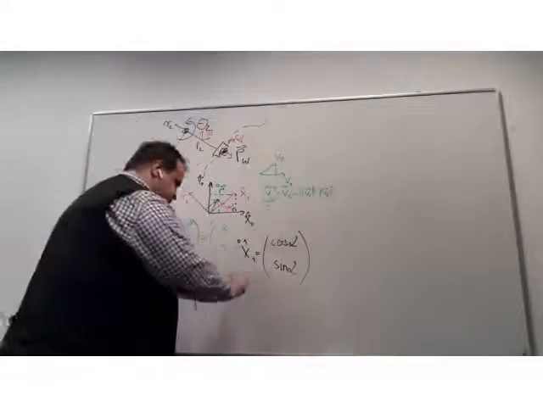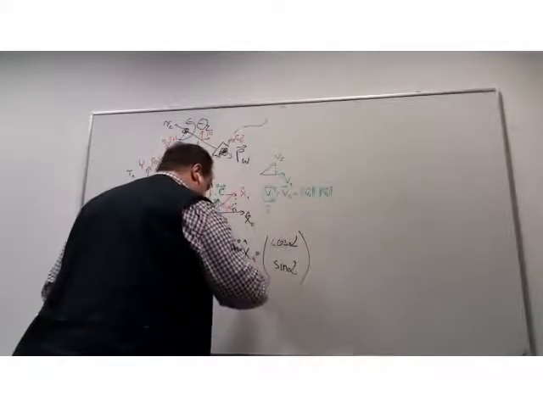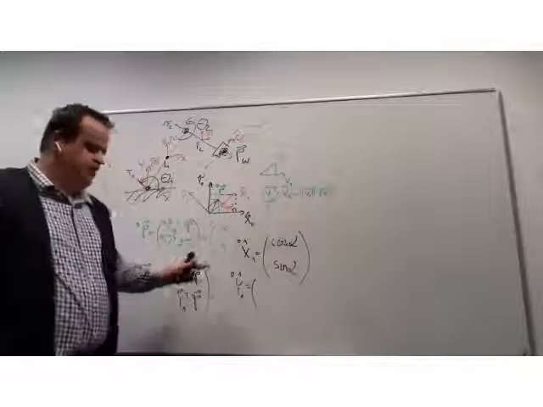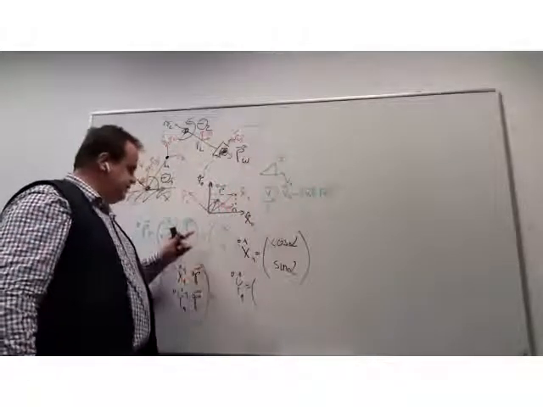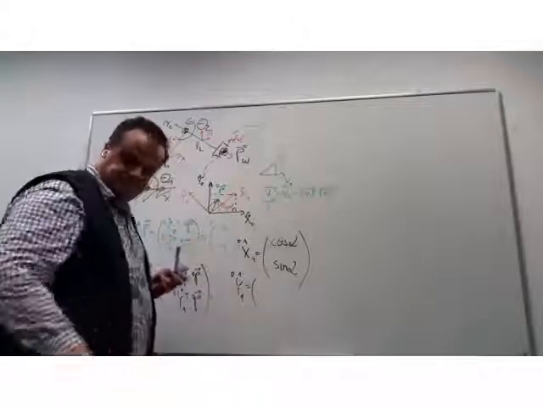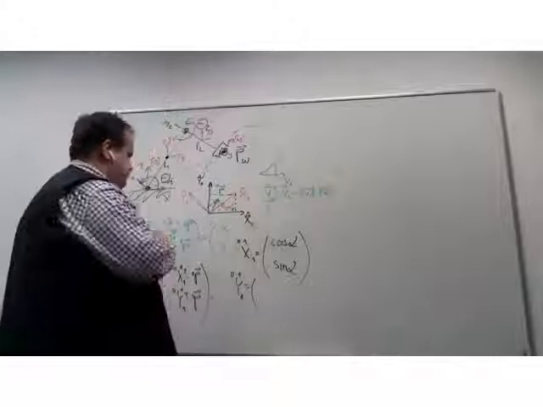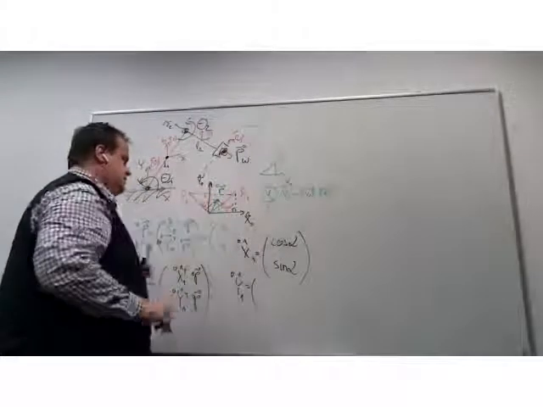From here, what's my y1? What's the direction of the y1 vector expressed in the 0 frame? What's the x direction? So alpha is also here, and these are my 90 degrees.